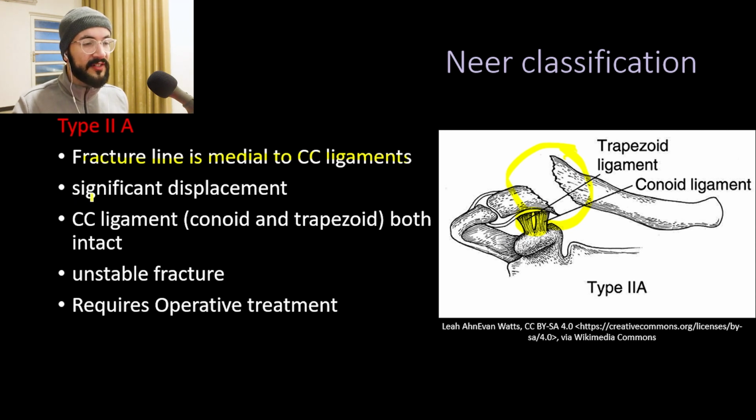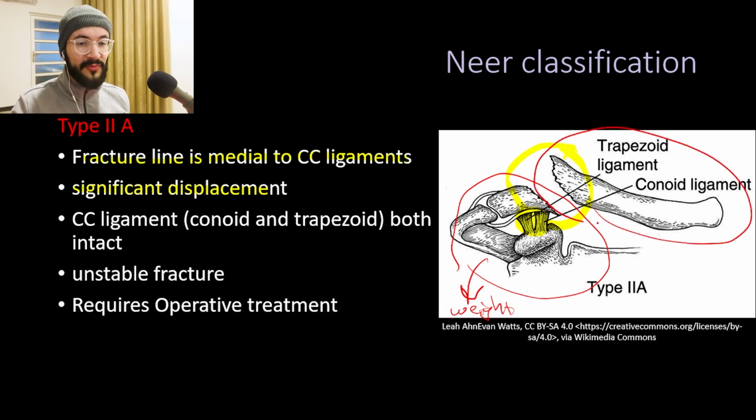And with this fracture, there is significant displacement, as you can see in this picture. There is significant displacement because this fracture fragment is pulled down by the weight of the shoulder, and the other fracture fragment is pulled up by the sternocleidomastoid muscle action, and this leads to displacement that happens in this type of fracture.